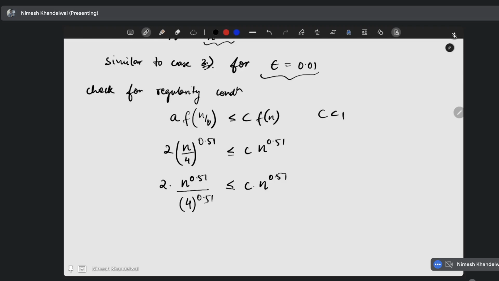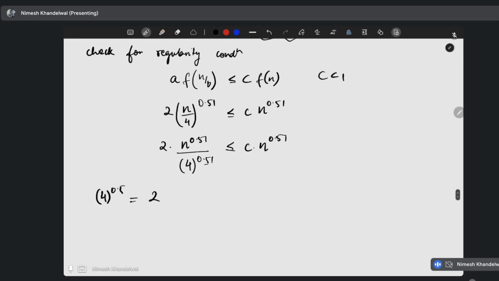So 4 to the power of 0.5 is 2, but 4 to the power of 0.51 is a value slightly greater than 2. So 2 over 4 to the power of 0.51 is indeed less than 1.